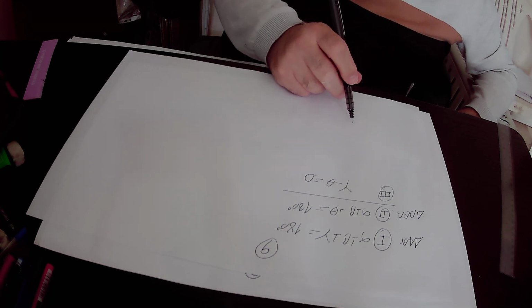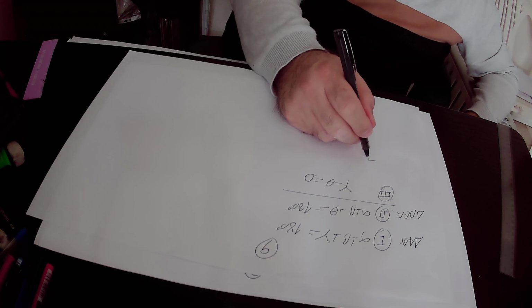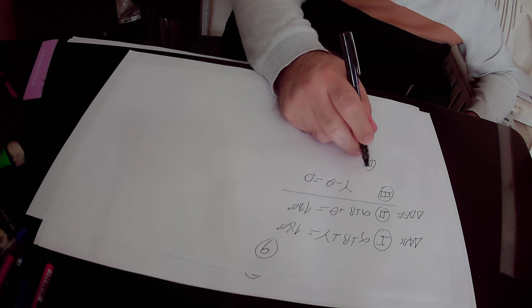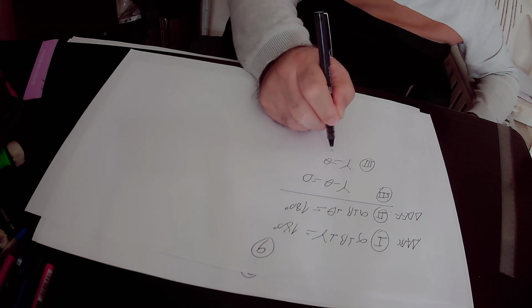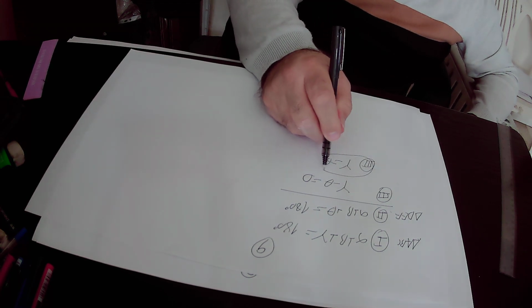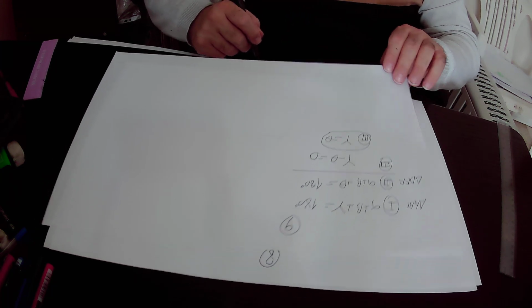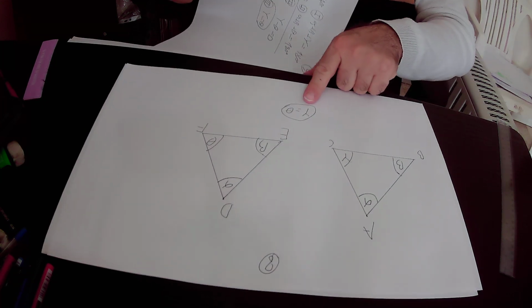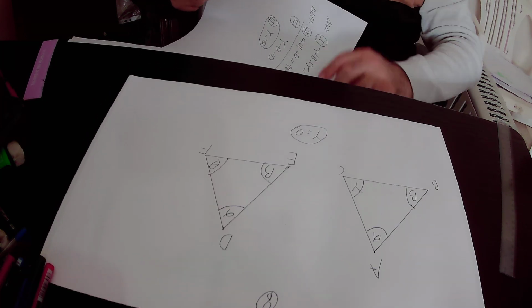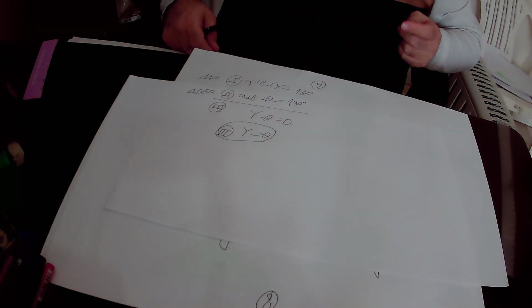So here we will add theta to equation number 3, and we will get that angle gamma equals angle theta. So we proved that the third angle theorem is true, because we proved that angle gamma equals angle theta.